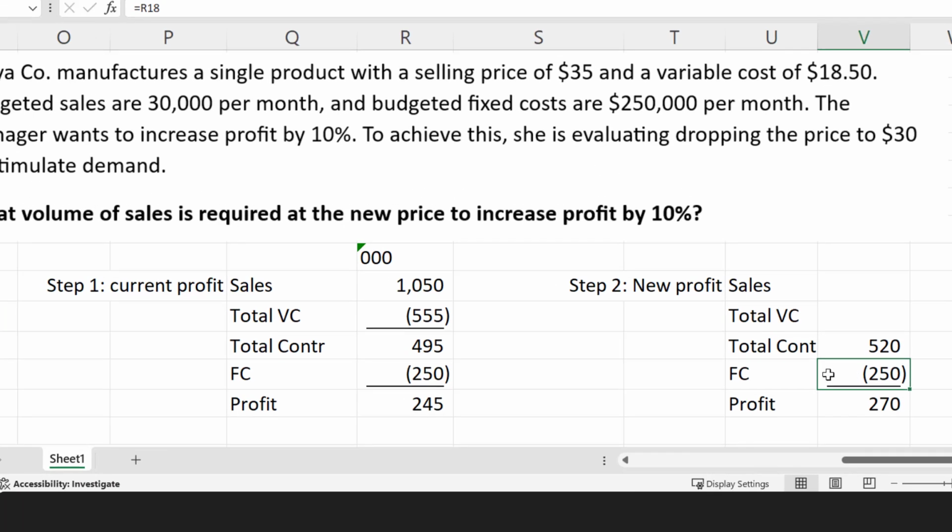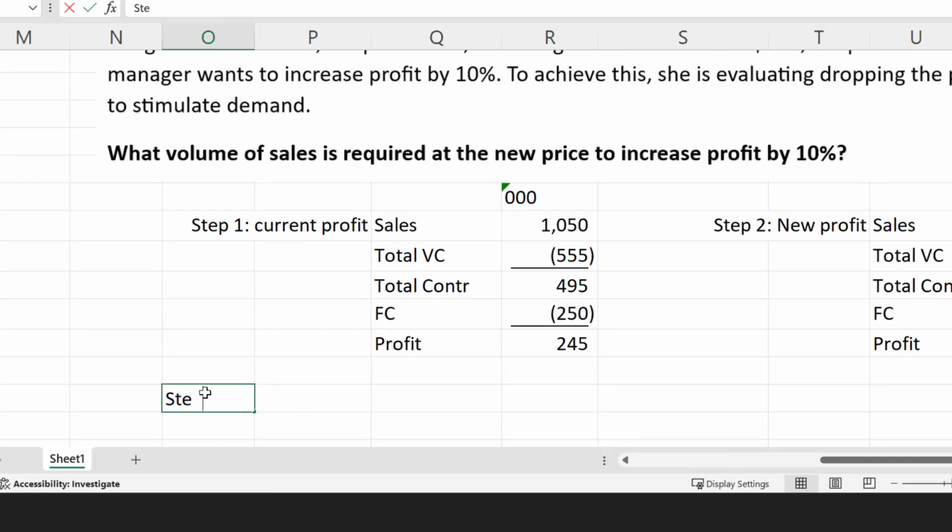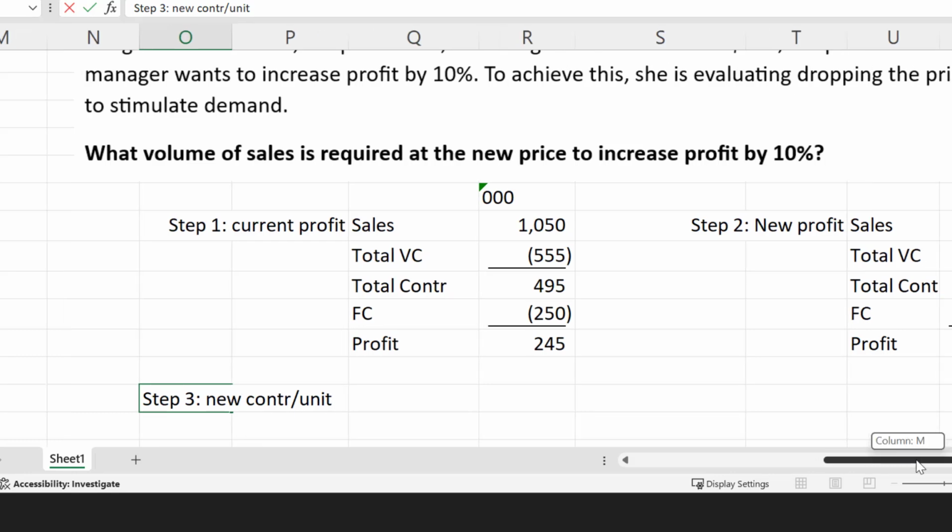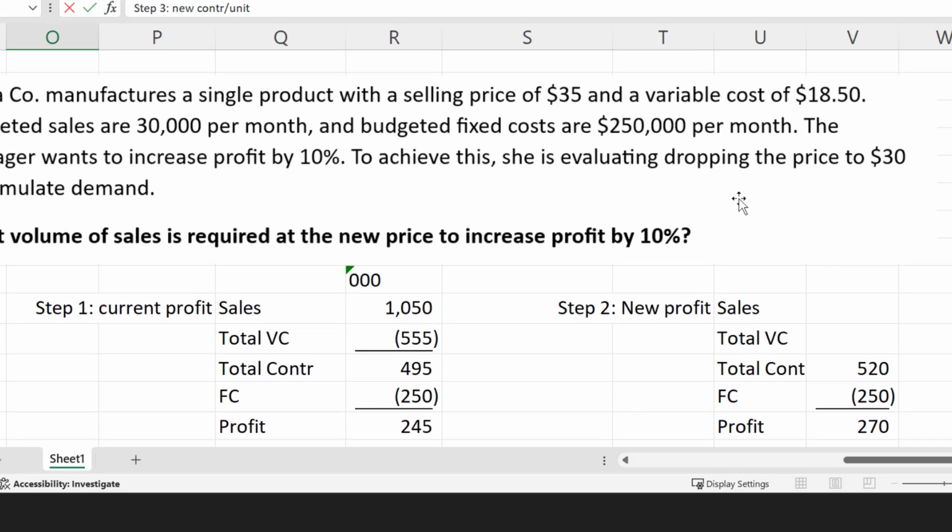Now, the final step then, how many units do we need to sell to hit 520,000? Well, step 3, let's get a new contribution per unit. And if we divide the target contribution by that new contribution per unit, we will know the number of units needed to sell. So we're thinking of dropping the price to $30.